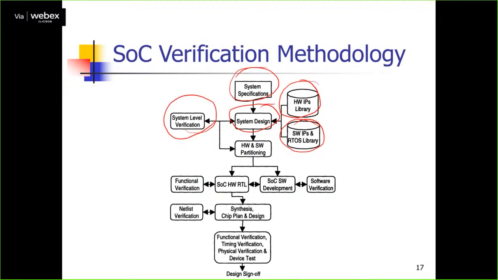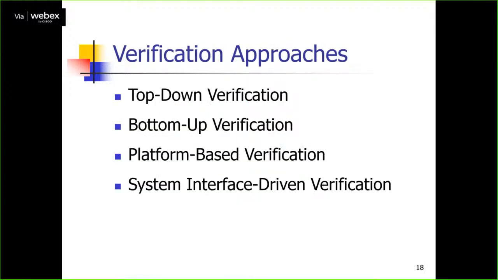How do we do this verification? You can do it from block to system, or system to block. We have varieties. That is top-down verification: you go from the top module down and do the verification at each level. You can go bottom-up: you take a block, do the verification, integrate it, do the verification again, and come out with a system. Then platform-based verification.